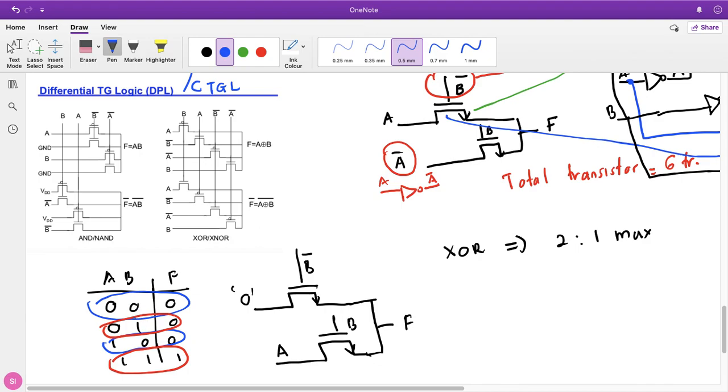Ground is tied with the NMOS to the output. Let's test this. We begin with this line. I list down all the input: A, B as A and B, 0, 0 as A bar, B bar.